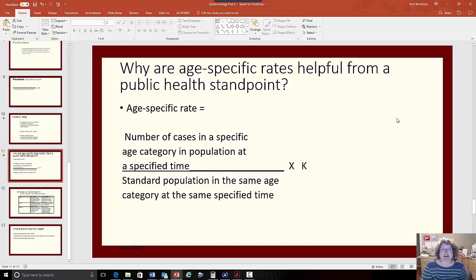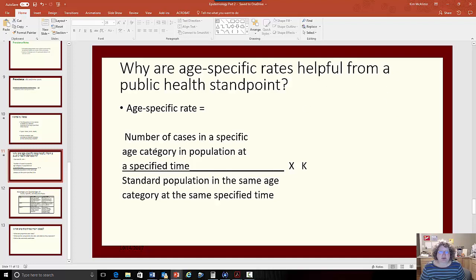So a specific rate is looking at the actual preschoolers in the study population, not the general population. So again, it's important whether it's adjusted or specific that you clearly state in your tables that this is age adjusted or specific. Otherwise, the numbers can be skewed and the wrong conclusions can be drawn.